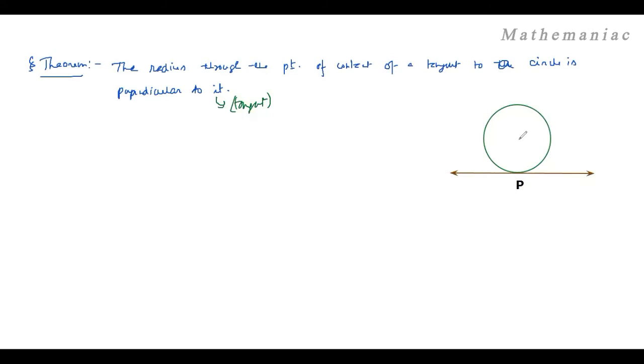and then suppose center is here. Let me name the center also. Suppose this will a center. So we have considered a circle whose center is at O, and then P is the point of contact of the tangent, whose name also, if you want to give, this is T, and this T dash.